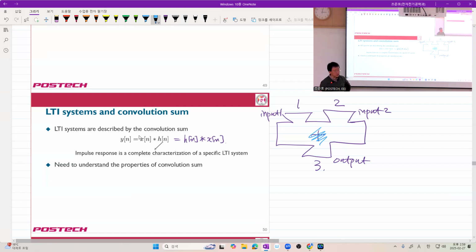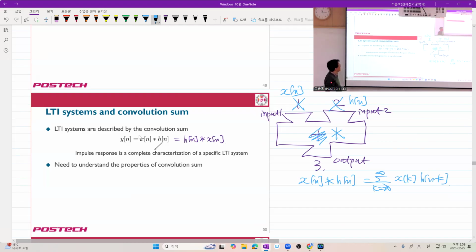This is no longer plus. This is the convolution operator. And here you have X, and here you have H. Then you have X convolved with H defined as the sum of x[k] h[n minus k].